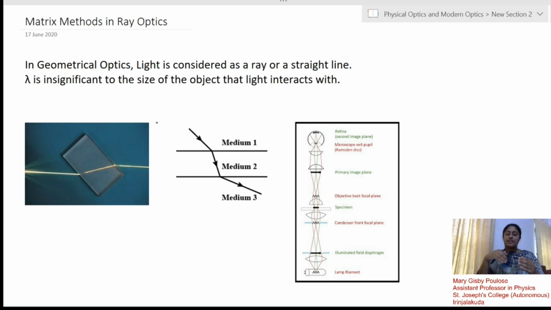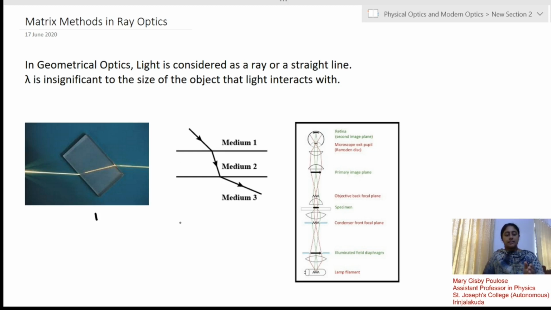Now, when light travels, it may come across different sets of medium, like when light travels through a crystal, as shown in the first figure. You can see that as long as light is traveling through air, it travels in a straight line.